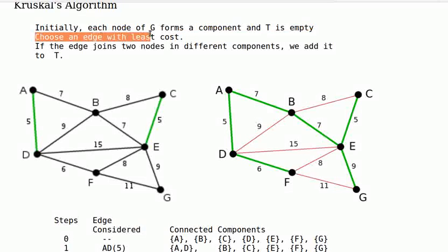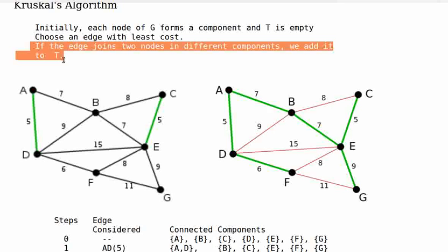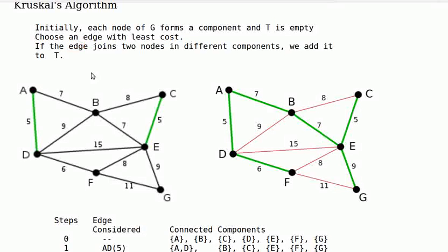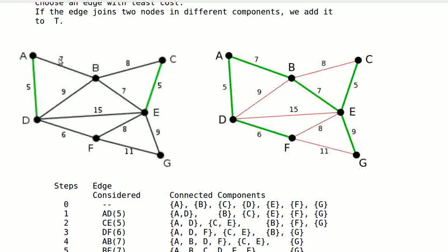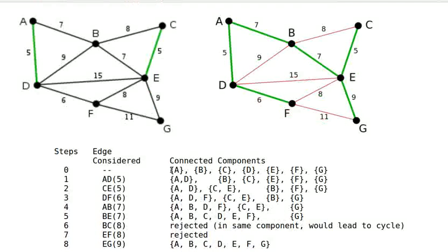If the edge joins two vertices in different components, we add it to T. So, in this example, initially, we have components A, B, C, D, E, F, G. Since edge AD has a minimum weight of 5, we include it in T, and we merge the components A and D.